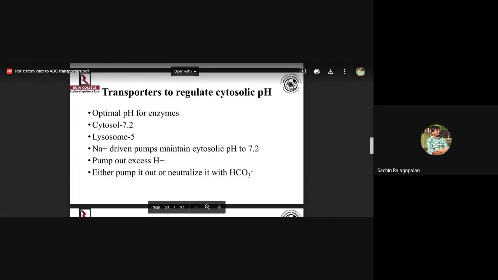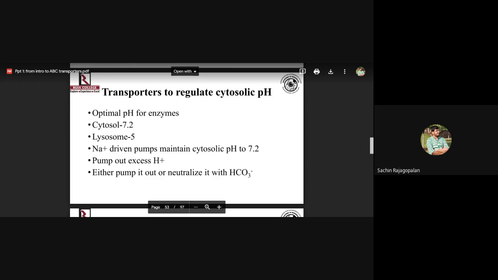Okay. You can also have other strategies wherein you try to neutralize it. Those strategies are also available. It depends on the cell. Now, because you're doing this exchange with sodium, sodium ion concentration will increase inside. So even that has to be handled. How will you handle that?